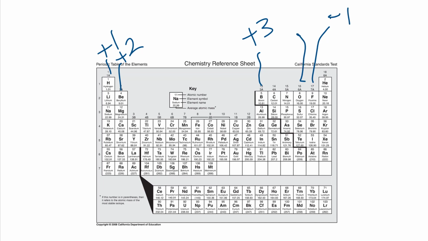Group 6A will gain 2 electrons to become -2. Again, when you gain something negative, the atom becomes negative. And group 5A becomes -3. Again, you can't really predict group 4 because it usually shares electrons rather than gains or loses electrons. So I hope that's useful, and you'll have this quiz very soon.